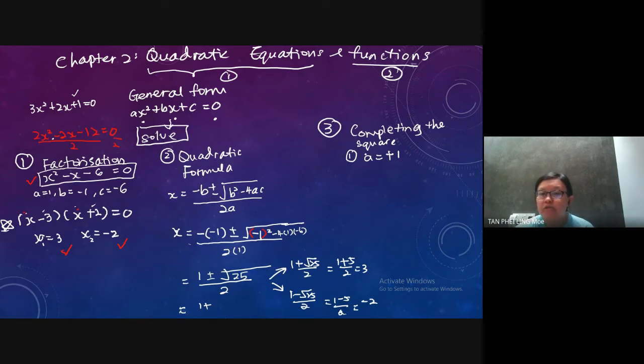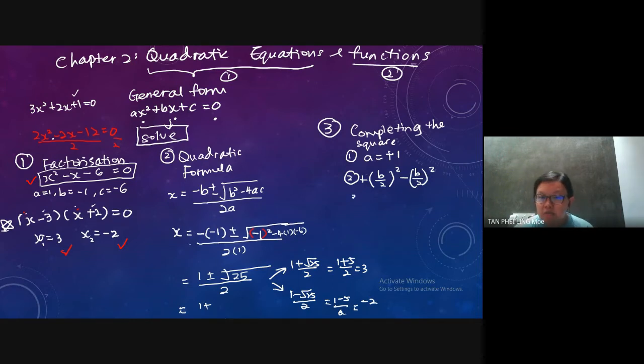First thing, remember, you must make A equal to +1. Second thing is that you must have two brackets that you add yourself, plus b over 2 and minus b over 2. This is something you have to add yourself.